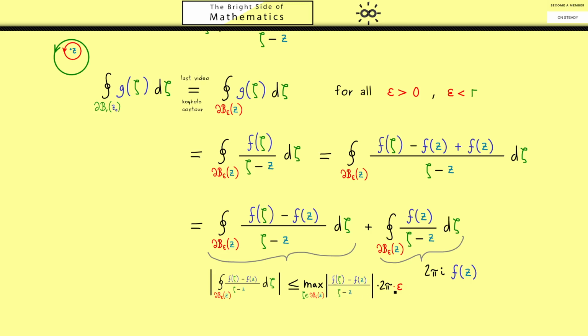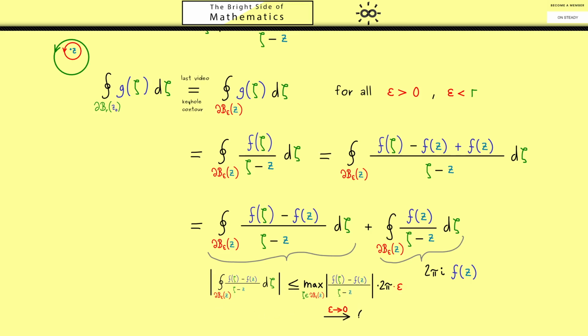Moreover, now we can use that this maximum here is bounded because you see if epsilon goes to 0, this whole thing here goes to the derivative of f at the point z. Or in other words, since we have this epsilon here, the whole integral goes to 0 when epsilon tends to 0.